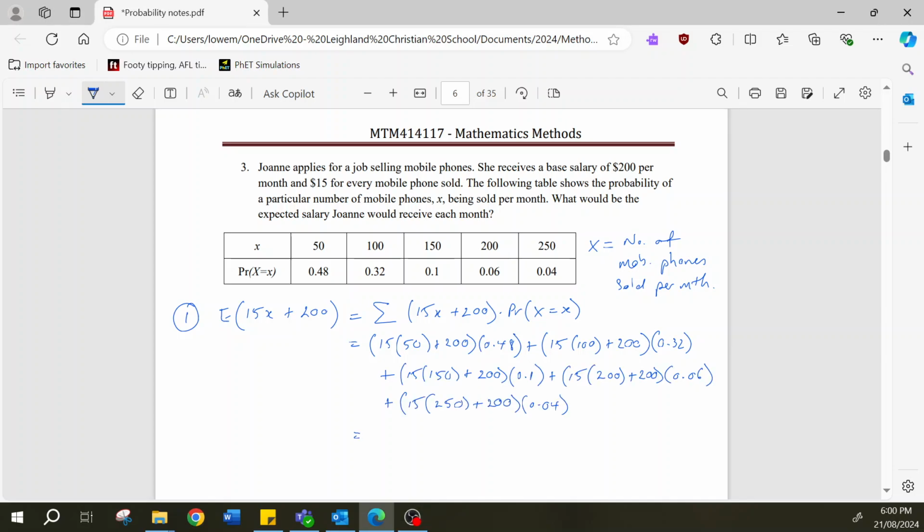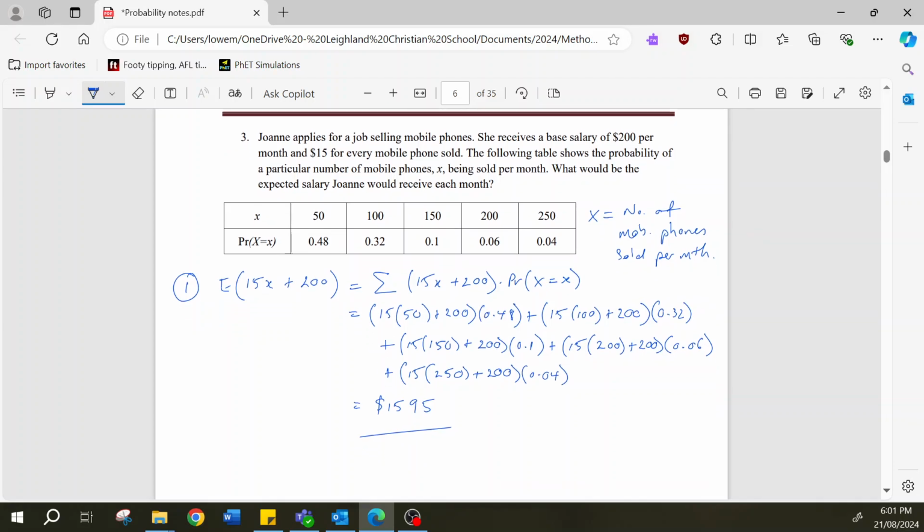Okay, and that comes to 15.95. So that is a dollar amount. That's her expected salary.